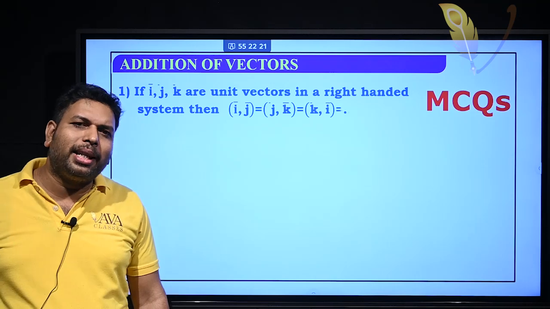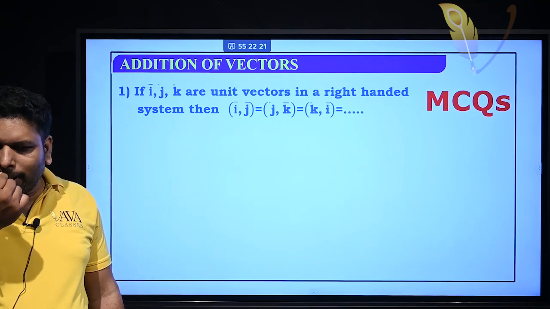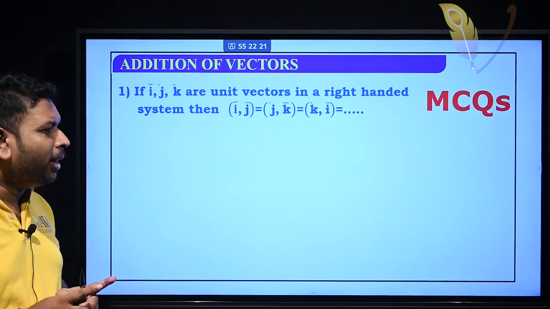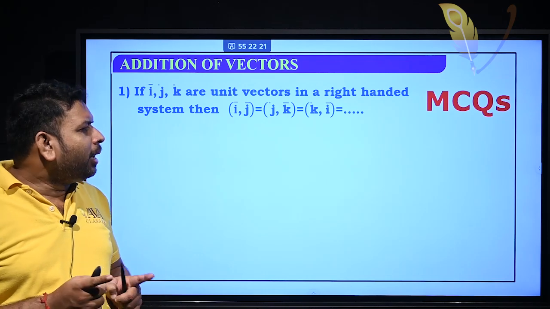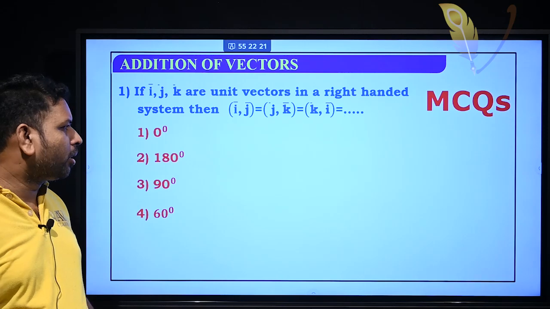If i cap, j cap, k cap are unit vectors in a right-handed system, then angle between i cap j cap equal to j cap k cap equal to k cap i cap equal to, these are the options.